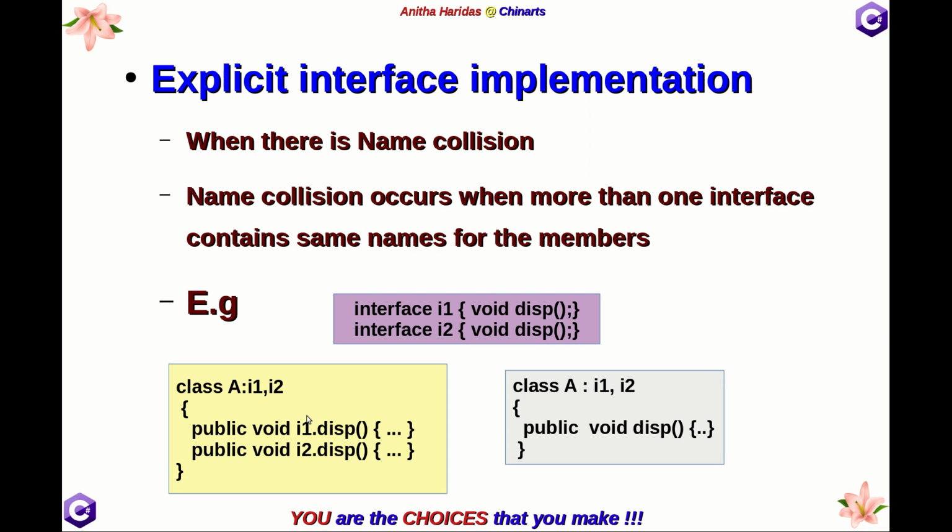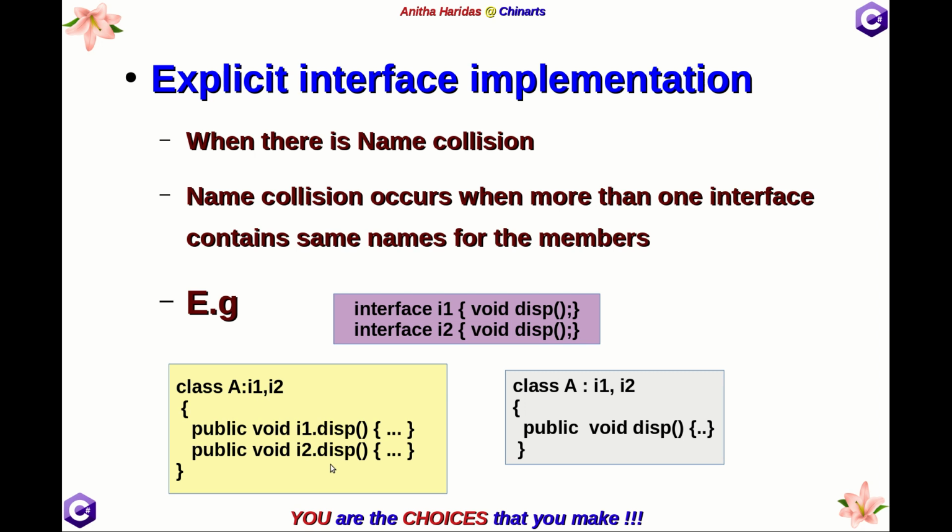So, you are going to define the method along with the interface name. This is what you call explicit interface implementation. So, you give I1.display, then you can write a method body here. The same way, for the other method, you can use I2.display, then the method body.